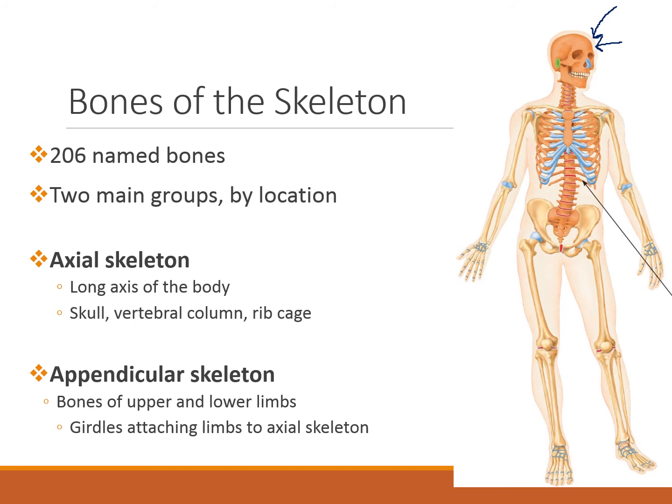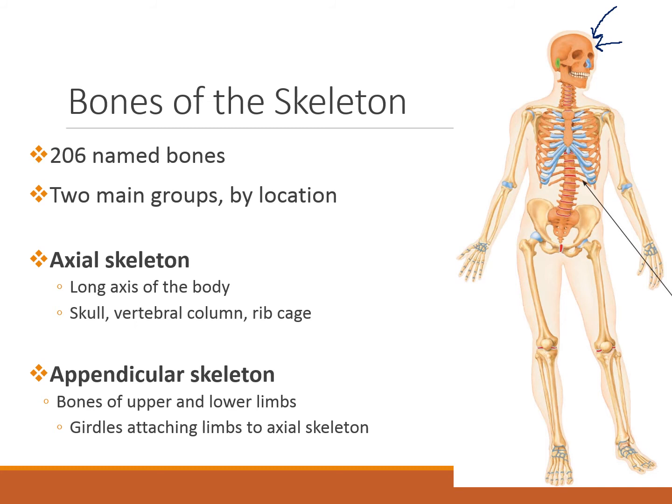Next, you have the appendicular skeleton. The appendicular skeleton consists of all of the bones of your upper and lower limbs. So that's the bones of your fingers, your wrists, your lower arm, upper leg or thigh, lower leg, patella, and the bones of your feet and ankles. Lots of bones.